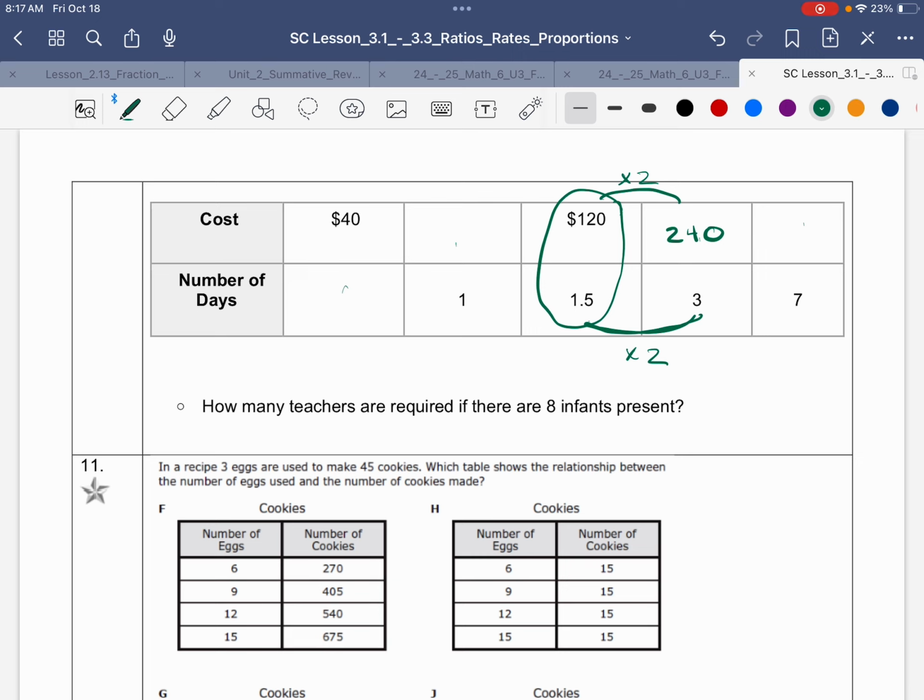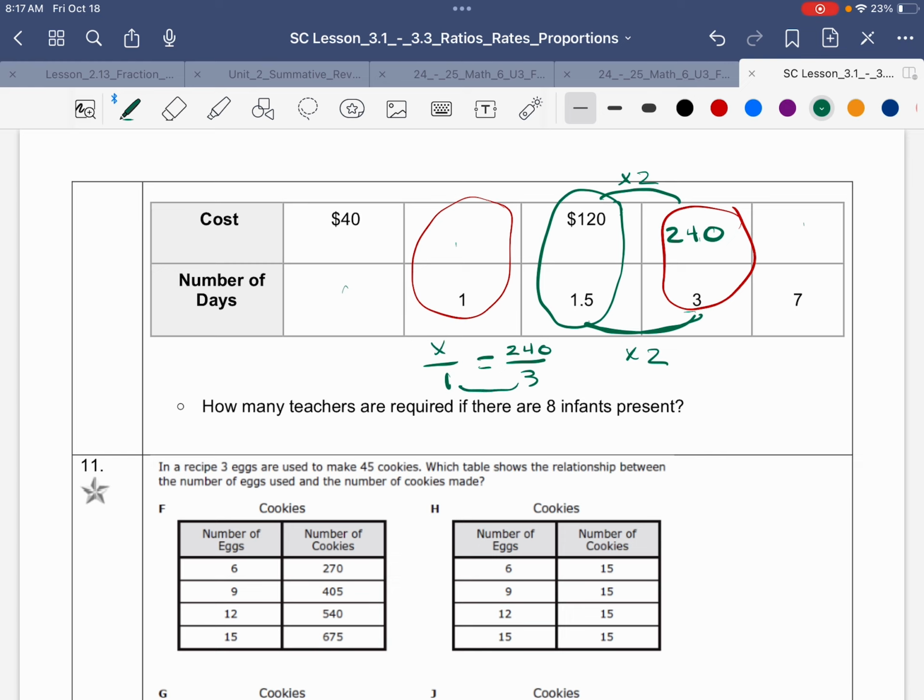All right, so now we can figure this out here. And now we can set up another proportion for the other 2. So what I would do is 240 over 3, taking this one here, and then we're going to use this one here, and then we're going to have equals 1 over, we don't know.